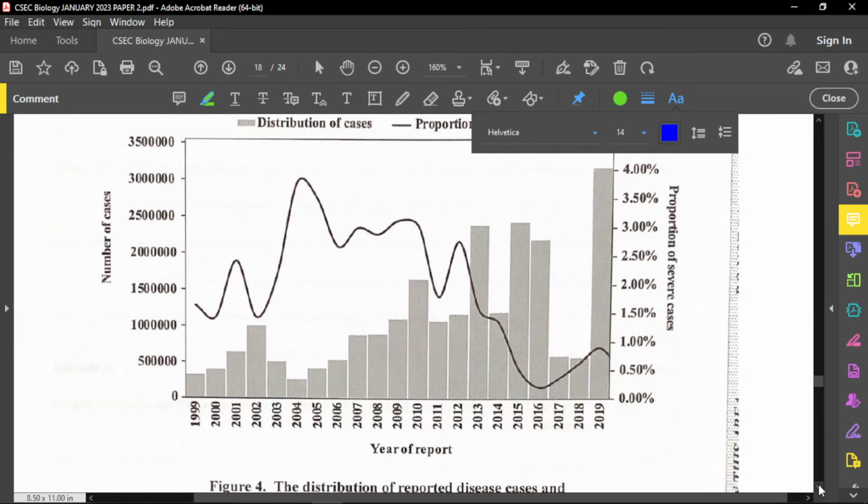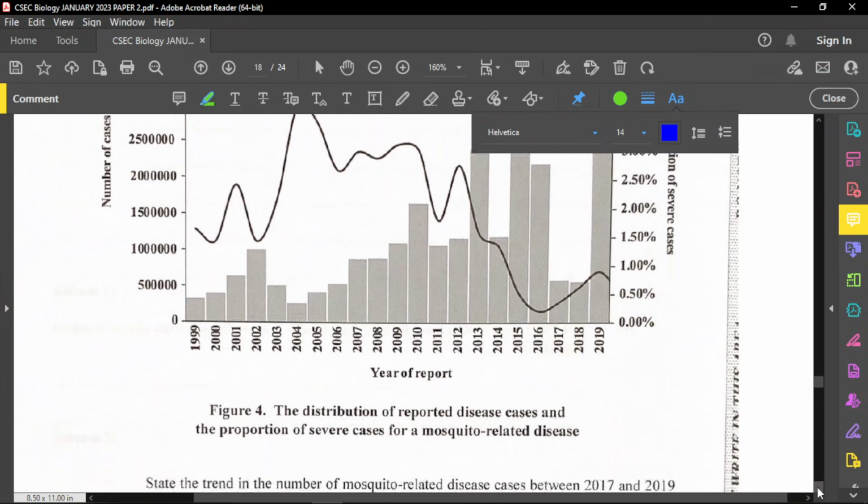You can also have improper disposal of garbage, which creates safe havens or habitats for mosquito reproduction and breeding. Also, travel could be another one, because a person travels, gets infected, comes back, and then infects other persons as well. So there are a number of reasons you could list.